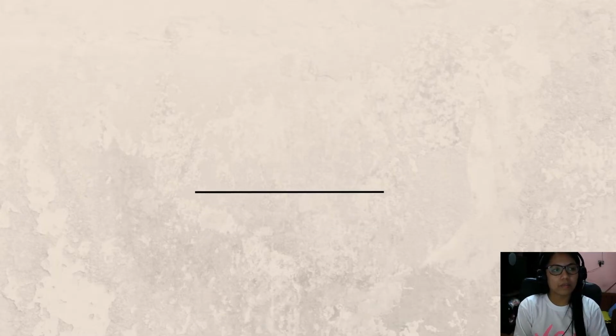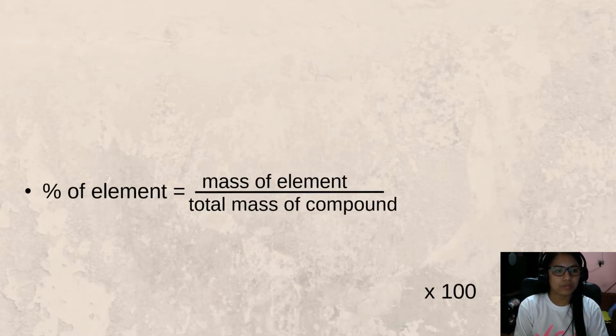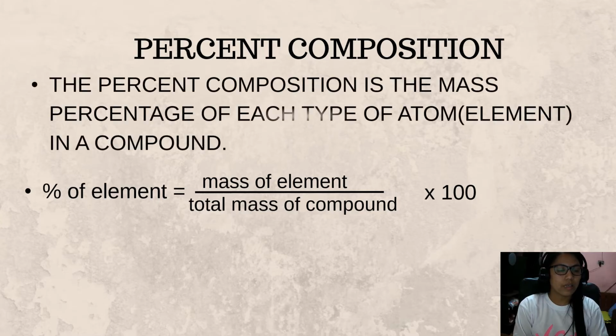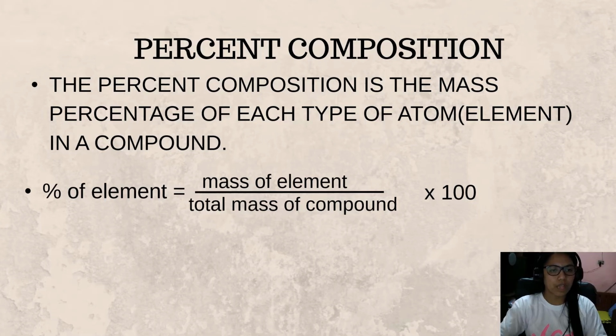It is about the percentage composition. Alright. So the percentage composition is the mass percentage of each type of atom in a compound. So, of atom or sa element.